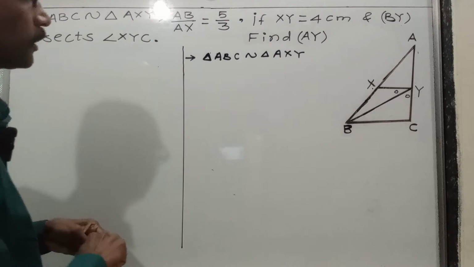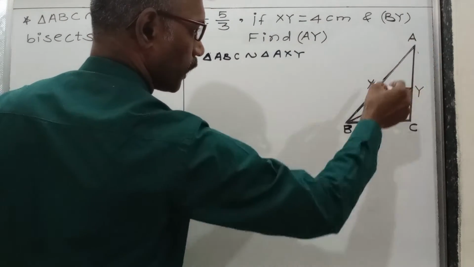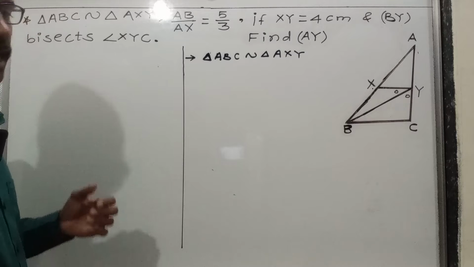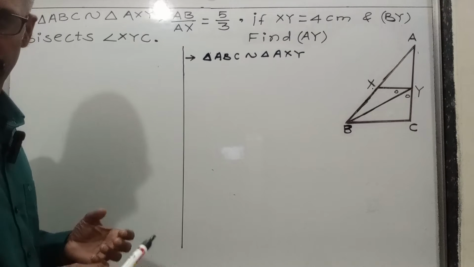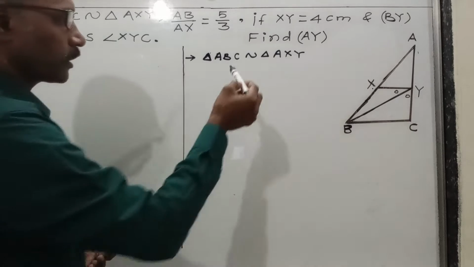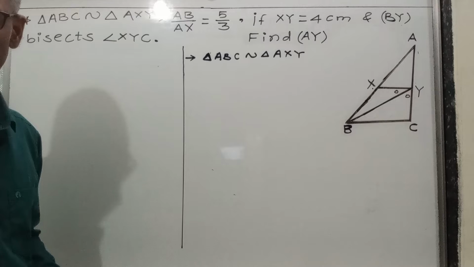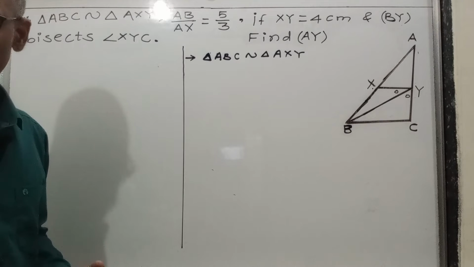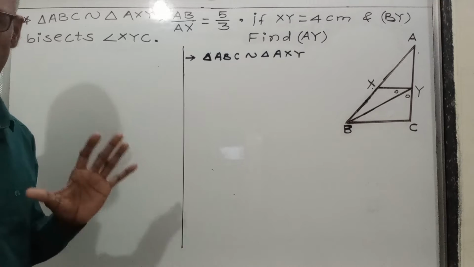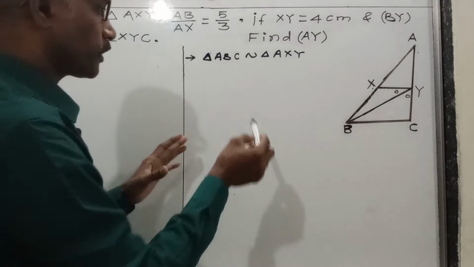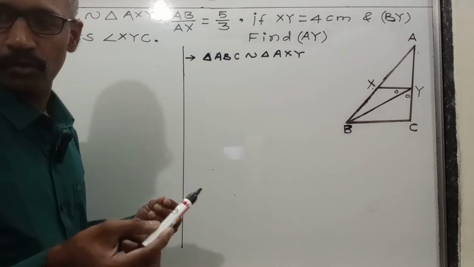Now, if these two triangles ABC and AXY are similar by any test, then we say that their corresponding angles are congruent, and the ratio of their corresponding sides is in proportion. First I will tell you their corresponding angles are congruent.